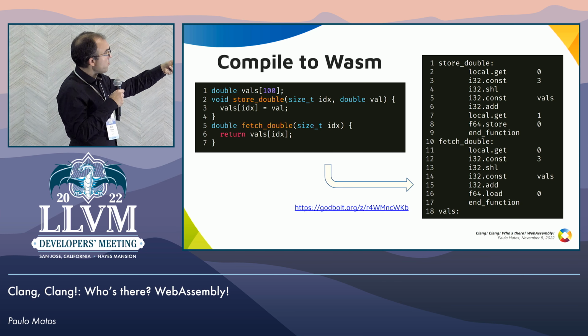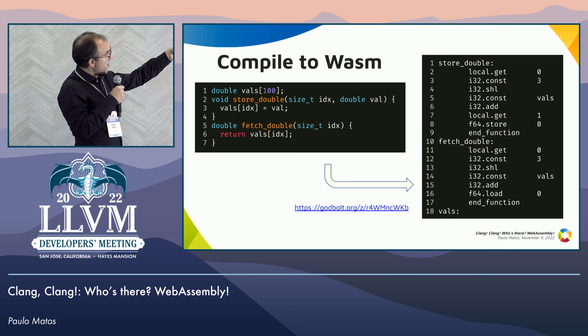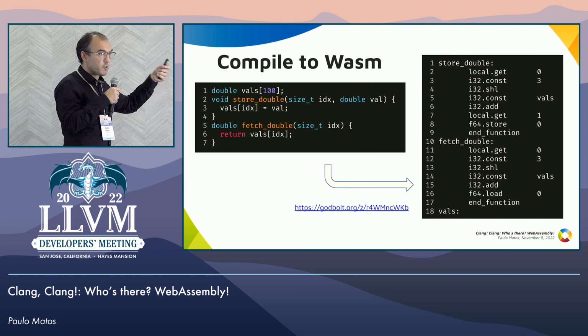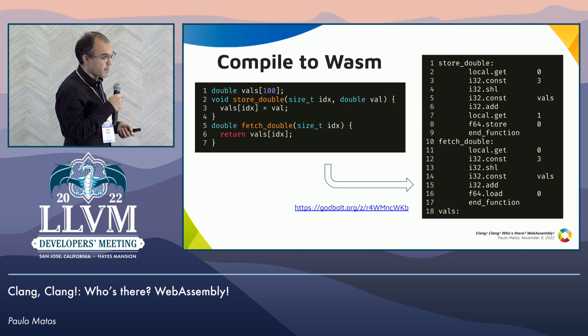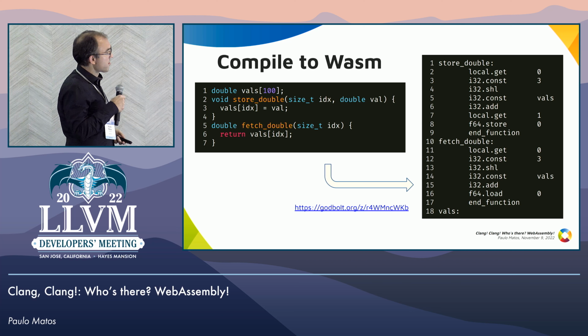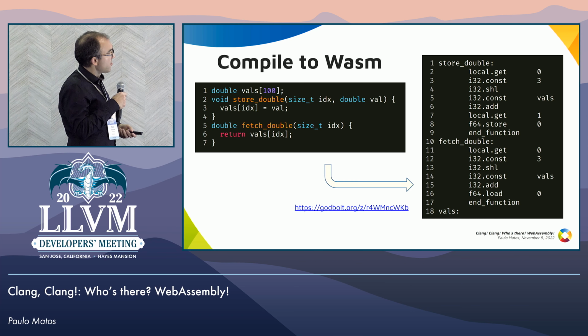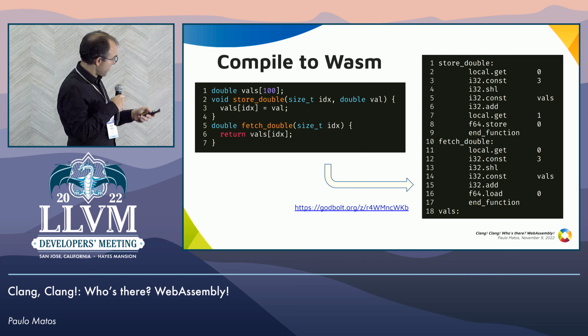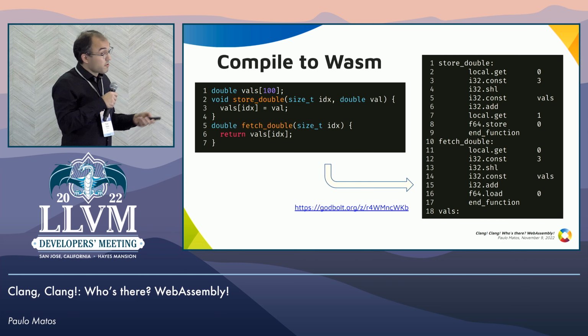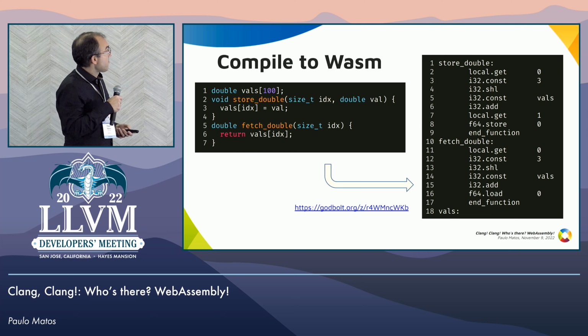So one is going to be the index in the linear memory where you want to store the value, and the other one is going to be the value itself. So fetch double is more or less similar, but instead of having a store, we have a load instruction. Okay, so this is what already exists.